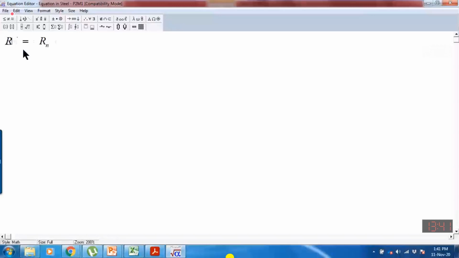So the factored load effect should be less than or equal to phi Rn, the capacity. This is a general equation. This equation is in LRFD.